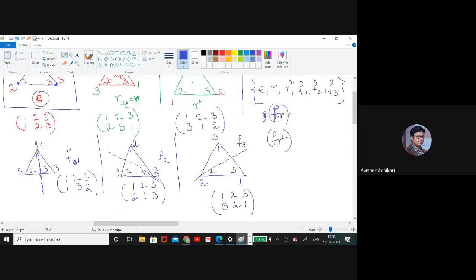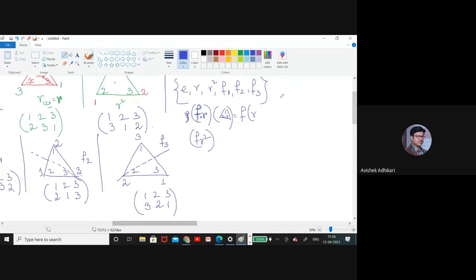FR. FR, that means it should be applied on a triangle. So initially I had the triangle, that means 1, 2, 3. Now how does it operate? It operates like F of R of this triangle, R of this triangle, 1, 2, 3.